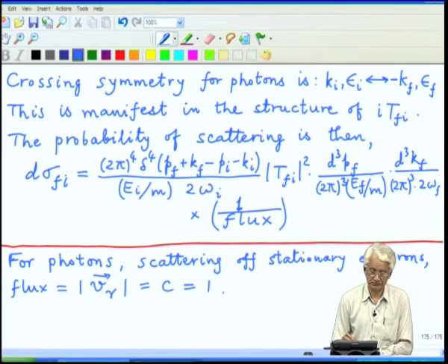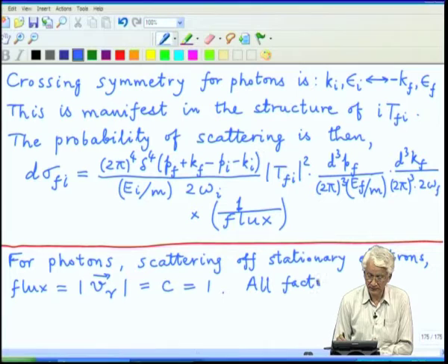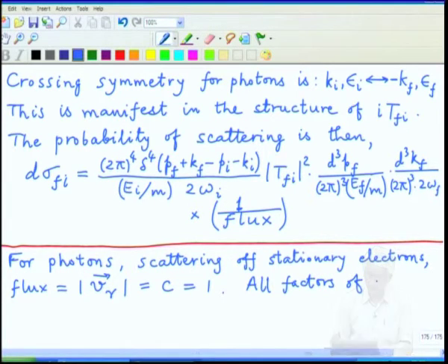So, the flux part does not give any more complications, and in the expressions which I have obtained, I have already cancelled off all factors of V, which is the volume for box normalization.